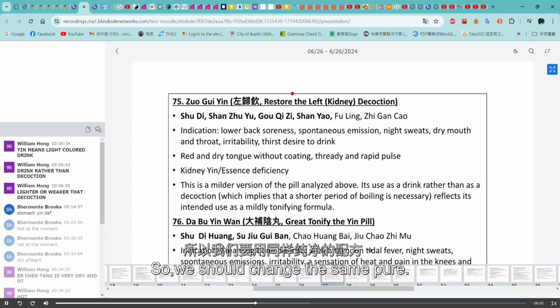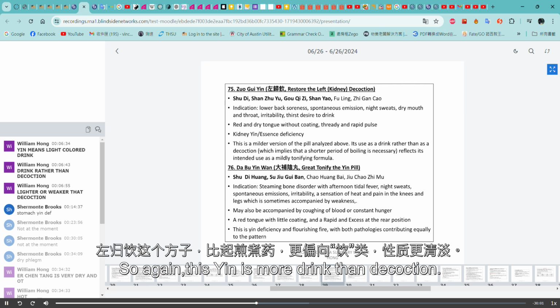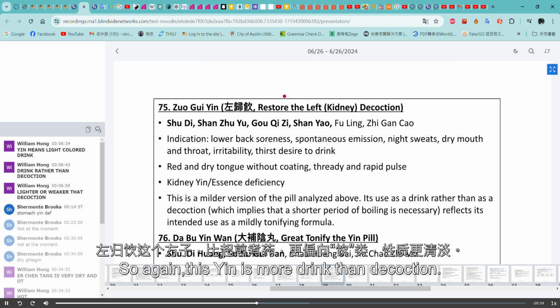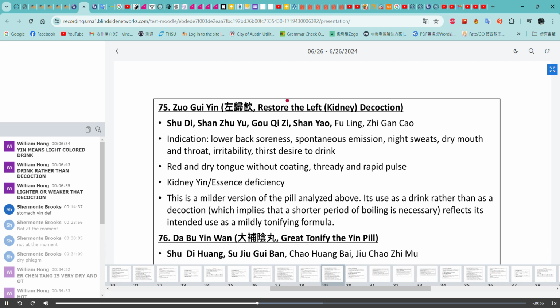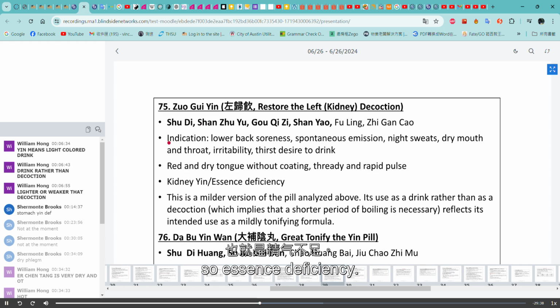So it's the same as the pill, but it's more of a drink than a decoction. So that means pretty lighter. So same chief herbs as Zuo Gui Wan, but yeah, that's it. So this is a mild form of kidney and liver yin deficiency or essence deficiency.